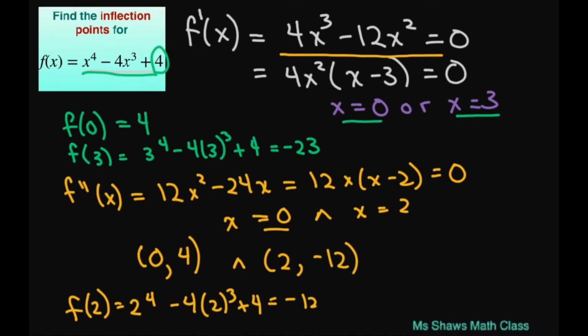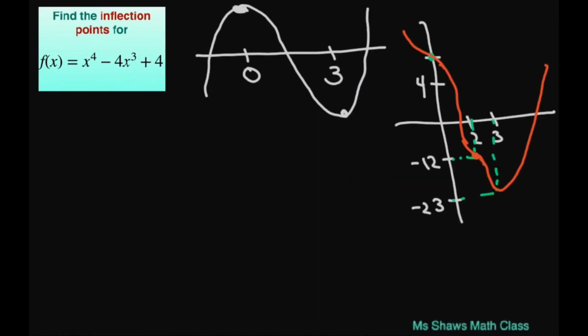So I want you to do the second derivative. So let's look and see what we have. All right. So for your min and max value, if you recall, we had f of 0 equals 4.